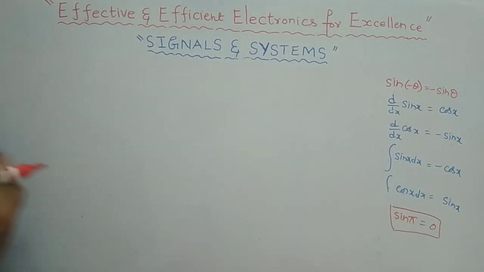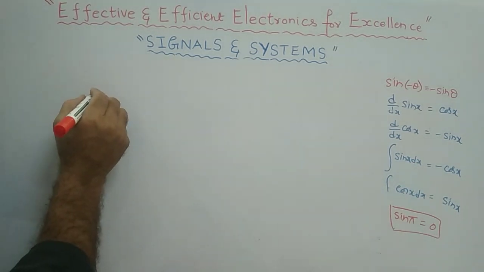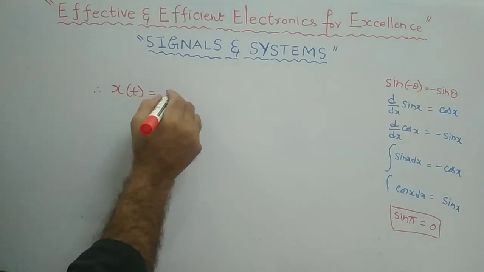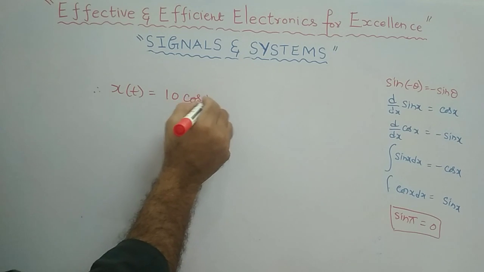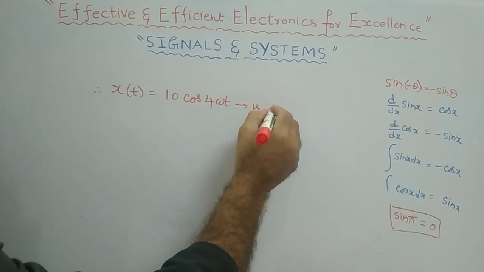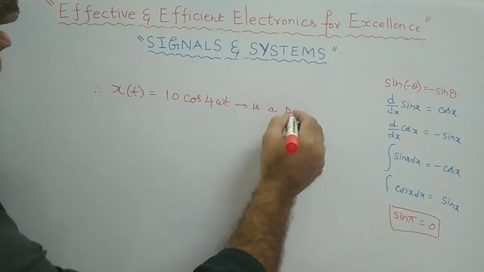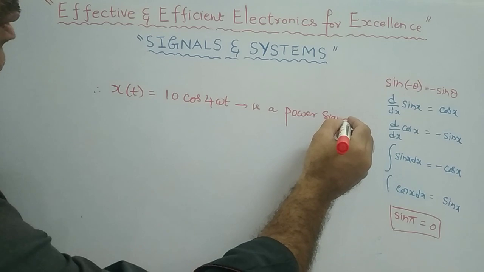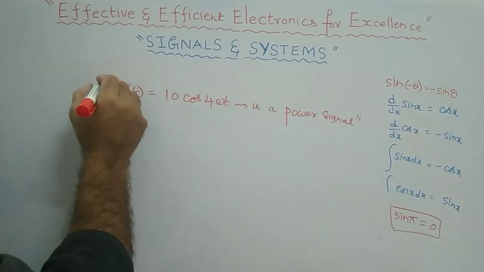Therefore, the given x of t equal to 10 cos 4 omega t is a power signal. This is our final statement.